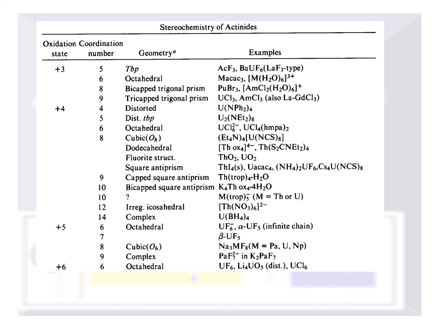It represents the number of ligands attached to the metal. Okay, so those examples are also given in the next column. Likewise for +4, +5, +6 oxidation states, the respective coordination numbers and their geometry are also listed with good examples. So this table is again taken from the textbook Advanced Inorganic Chemistry by F.A. Cotton and Wilkinson.